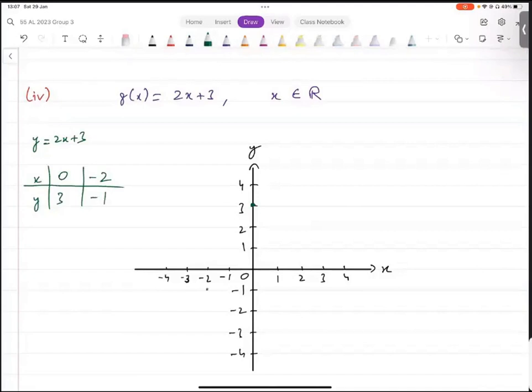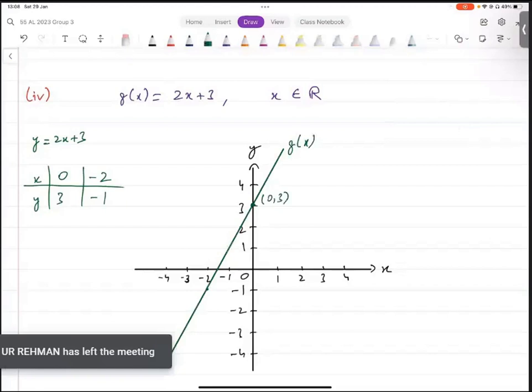This is here, and the graph looks like this. You have a line passing through these points. This is the graph of g of x. The points that we took were 0, 3 and -2, -1.